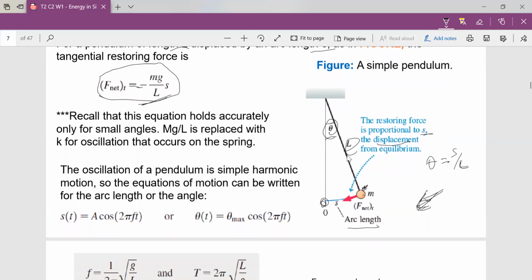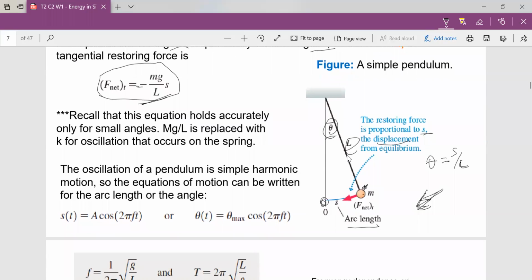If you recall, when we described oscillation in our last class, we said the displacement x with respect to time is given as a cos 2 pi f t. Here also we have displacement, but in the description of arc length, displacement in reference to the angle of displacement. With the arc we describe with amplitude, but with this we describe with the angle.